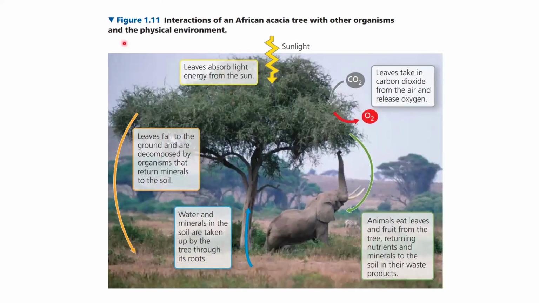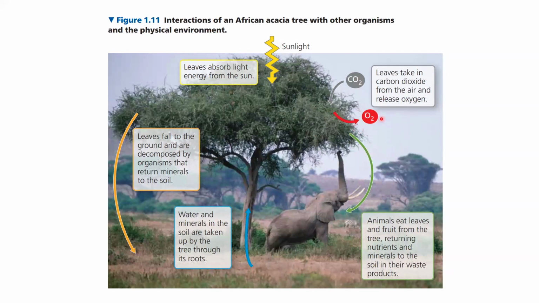And then, figure 1.11, interactions of an African acacia tree with other organisms and the physical environment. So, going back to that flow aspect overall, you have this sunlight. Instead of just a small plant in the ground, it's a tree, and you're seeing this relationship between the tree, the plant, and the actual organism.